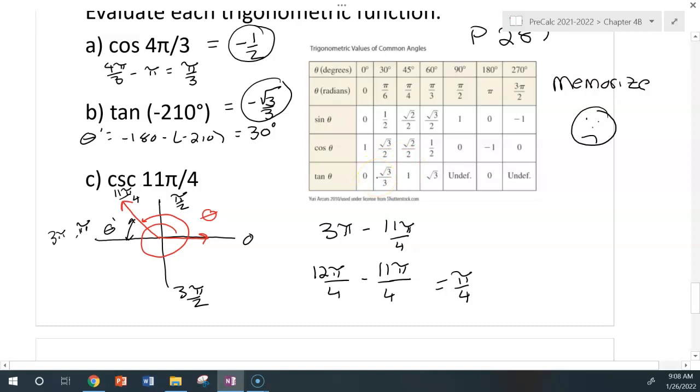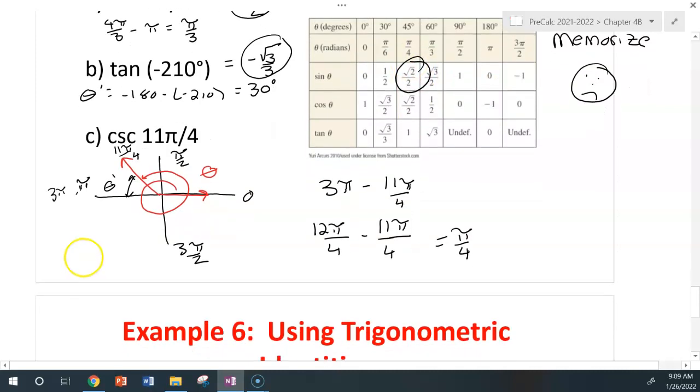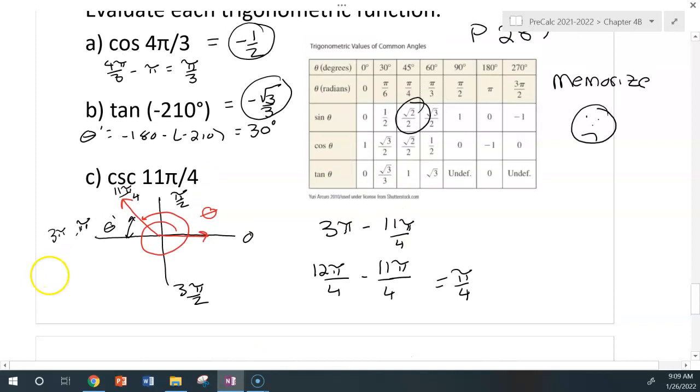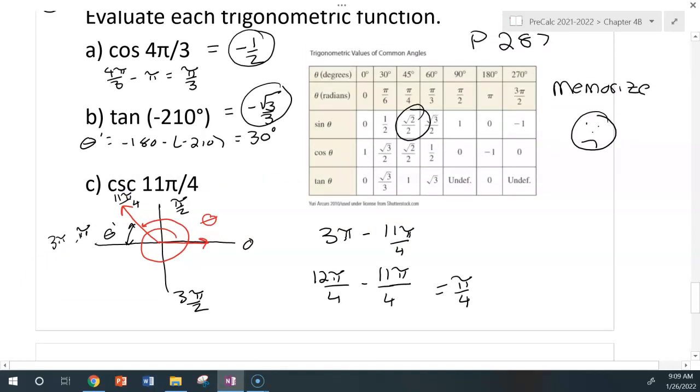Now I got to think, cosecant, that's 1 over sine. I don't see a cosecant on my table, but I do see sine. So sine of pi over 4 is root 2 over 2. I am in the second quadrant. Sine is positive there, so therefore cosecant will be positive.